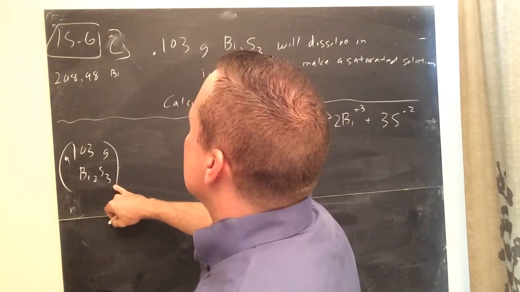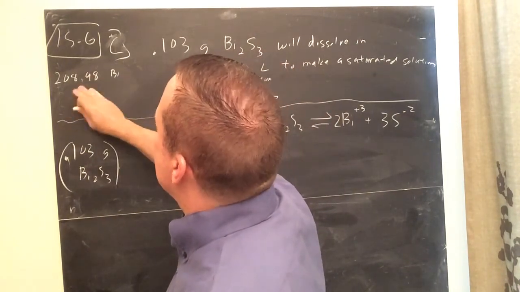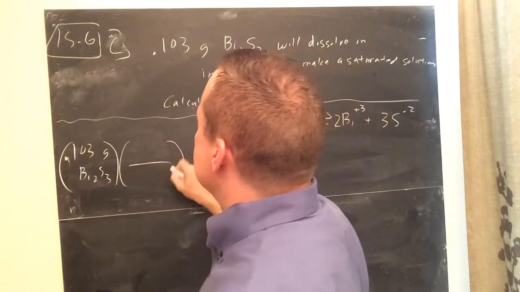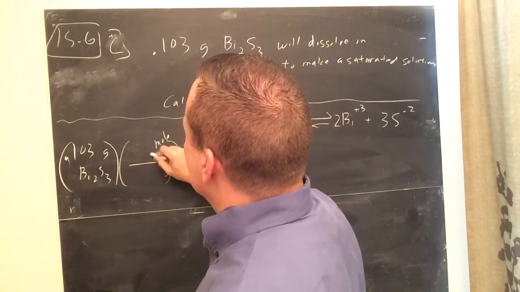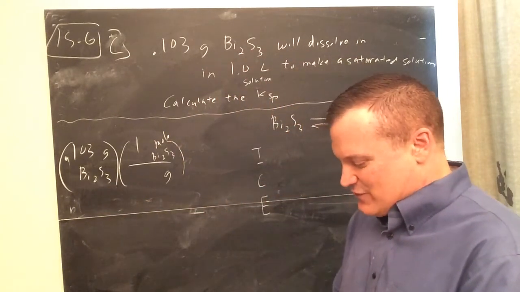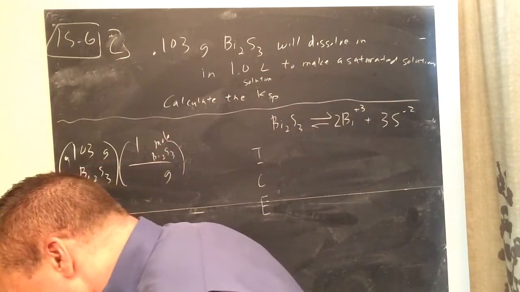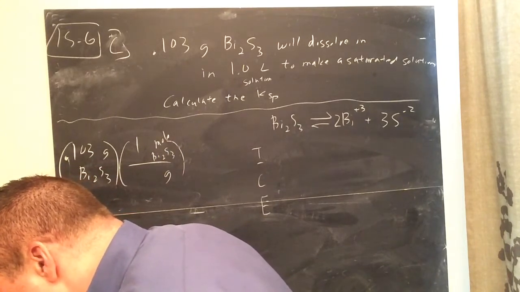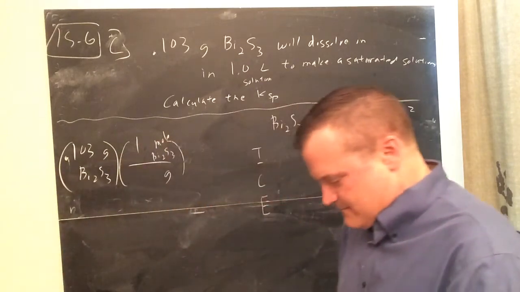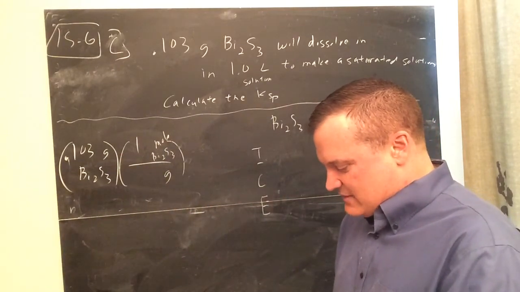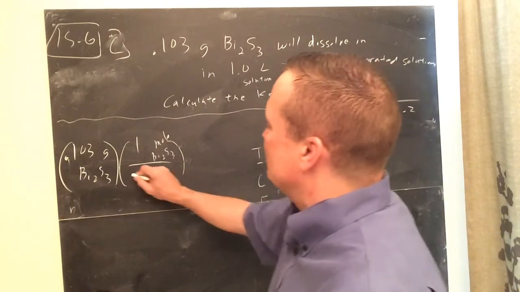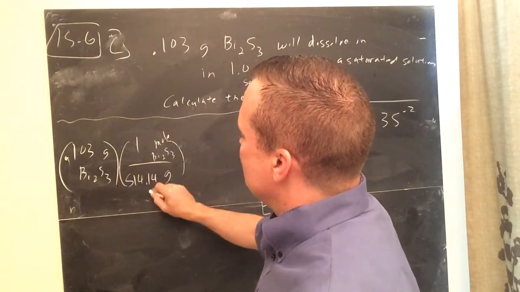So grams, that's the molar mass. Oh, no, that's not the molar mass. I've got to find the molar mass. Yeah, that was only bismuth. So I've got to go from gram to mole. Okay, 1 mole is, and I erased it right there, 208.98 bismuth times 2 plus sulfur is 32.06 times 3, and it's 514.14 grams of bismuth sulfide.